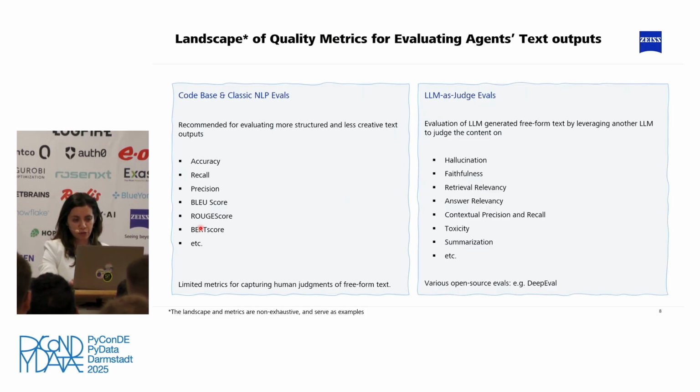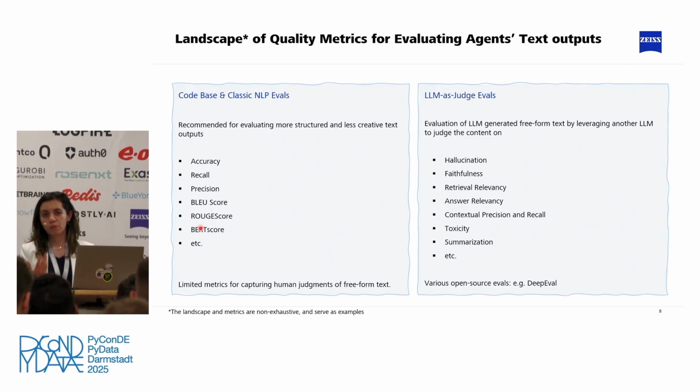There's a different regime or rationale in creating these metrics, and that's by leveraging LLMs themselves to judge the text that is outputted by agents. Here again, the idea is that we would use an LLM, we would instruct it to take a look at the output of an agent from a specific criteria that we define as the metric, and the LLM would provide a score.